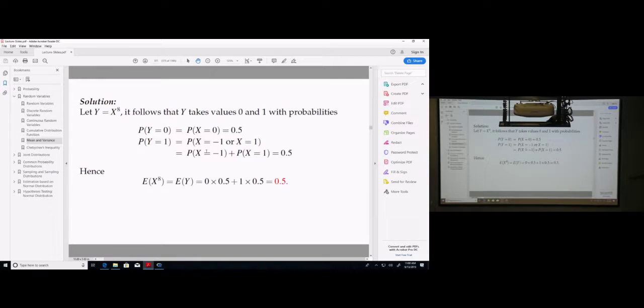That is why we are calculating the probability mass function of Y using X itself. So now we also have 0.5. And as a result, using this table, 0.5, 0.5, and then 0 and 1 here, I get 0.5 here.